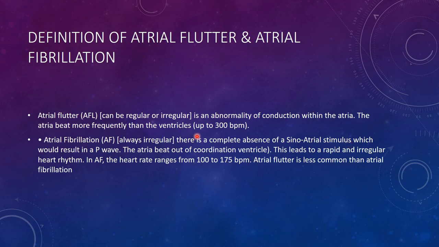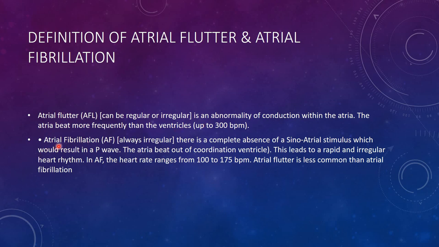Now, what is atrial flutter, that is AFL? It can be regular or irregular and it is usually an abnormality of conduction within the atria. The atria beat more frequently than the ventricles. So atrial flutter is an abnormality in the conduction of the atria.